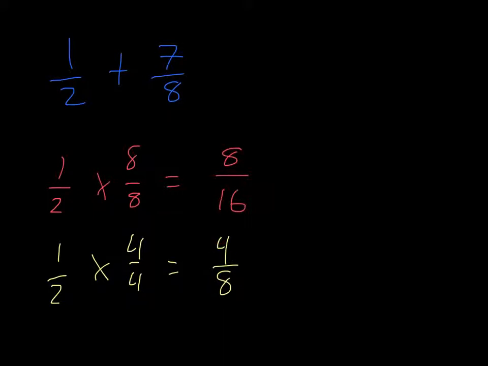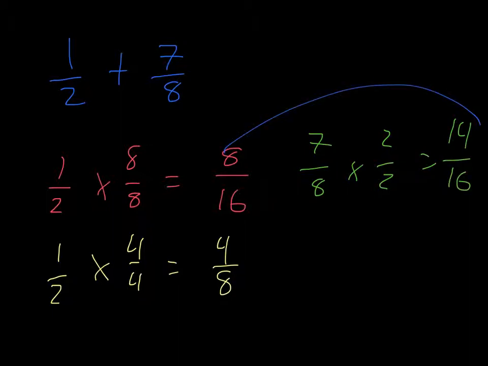Now, if we do 16ths, I will need to take my 7/8 and multiply that by 2/2 to get 14/16. And then I will need to add them. While if I do my 4/8, I can just add 7/8 and be done with 11/8 after, and then simplify it to 1 3/8. So either method, this first one where you look for 16 as the common denominator, or the bottom one where you use 8 as a common denominator, that's your choice, but make sure that you understand why you're doing what you're doing.